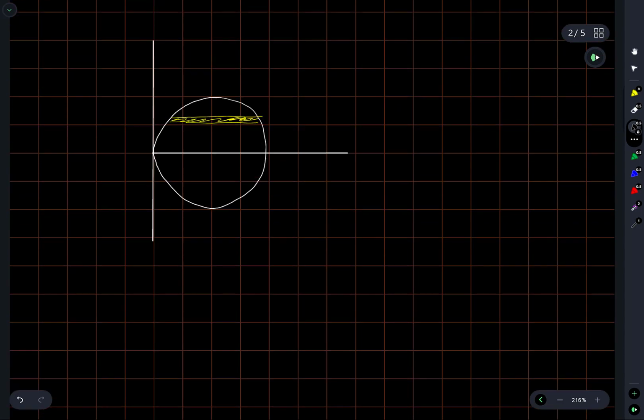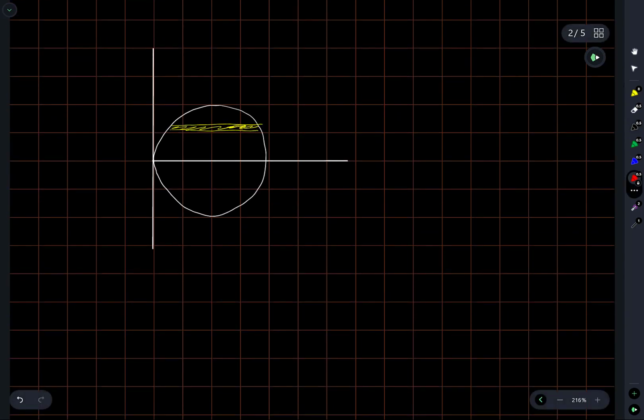All right, so in this case, we want to think of this as being, when this gets revolved around the y-axis, we have an inner radius and an outer radius.